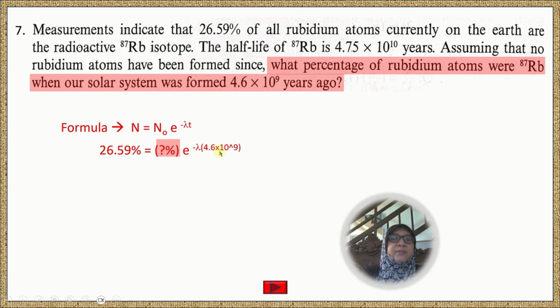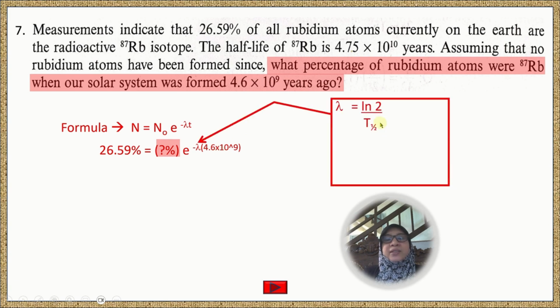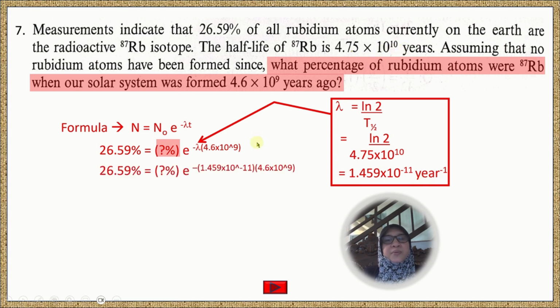For the decay constant, you can use the formula ln 2 over half-life. The half-life is given as 4.75 times 10 to the power of 10. Okay, so we get the answer here. This is the decay constant per year, because the half-life given here is in years. Now we substitute into the equation and solve for the percentage of rubidium-87.